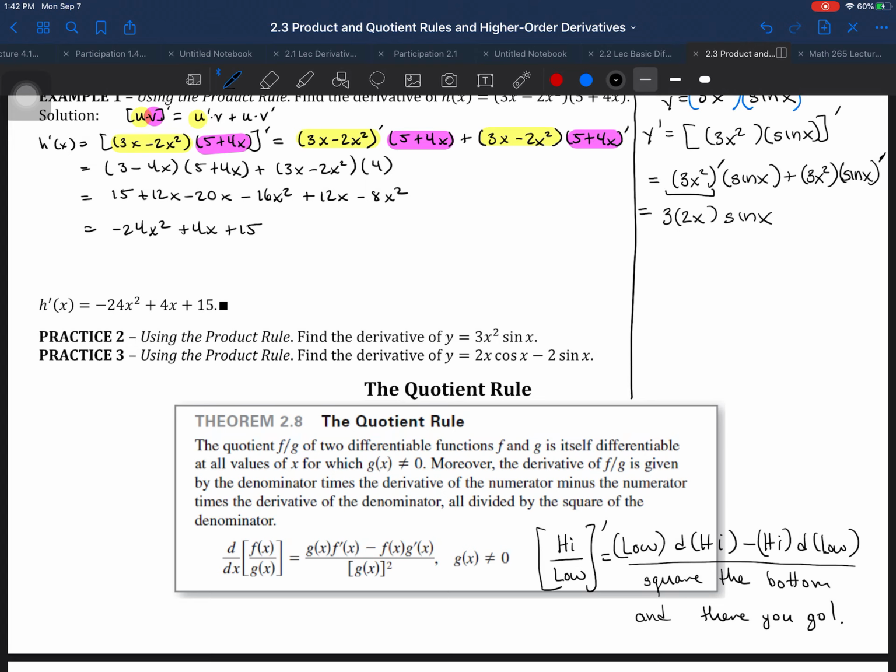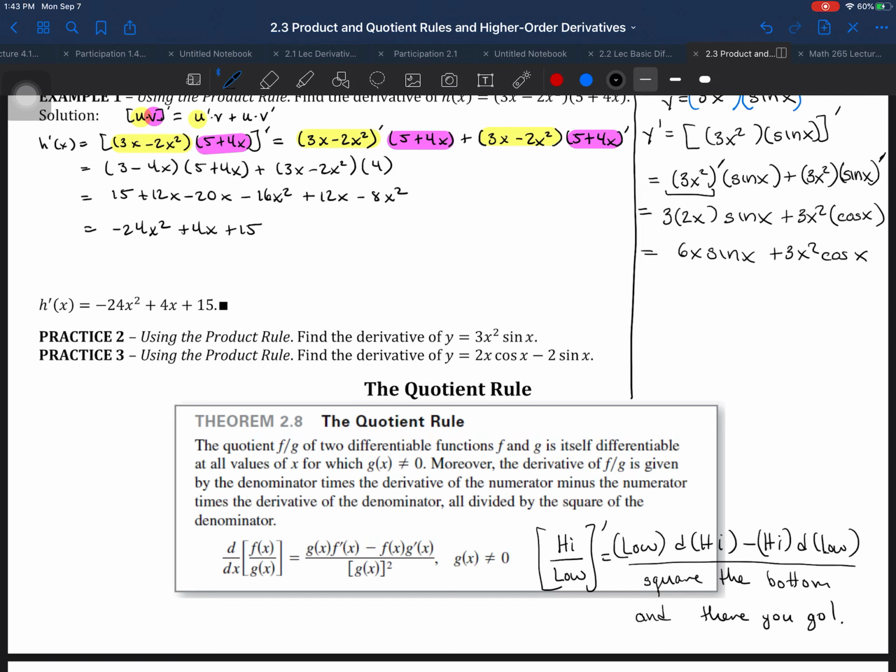No need to write the derivative there. Followed by 3x squared, and then the derivative of sine is cosine of x. So everything is a product: 3 times 2x times sine of x. I'm going to multiply that as 6x sine x, followed by 3x squared cosine of x.